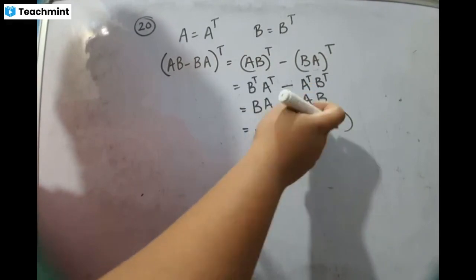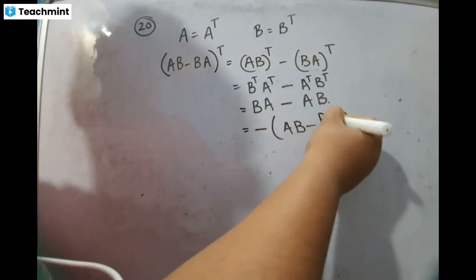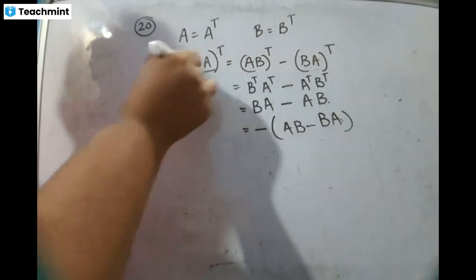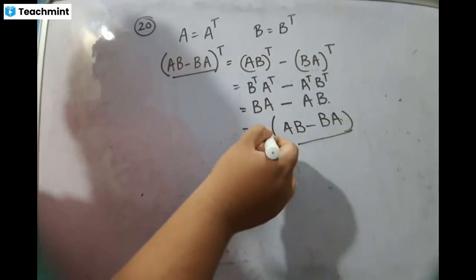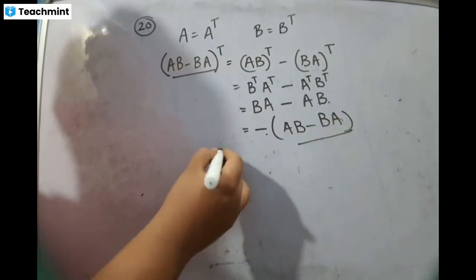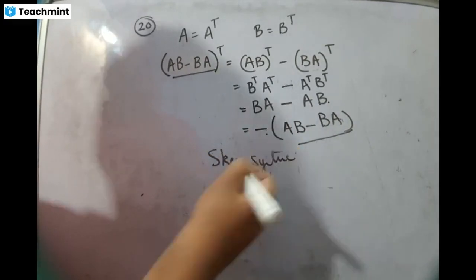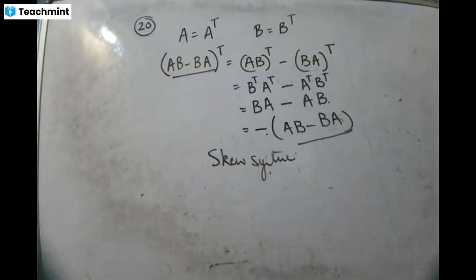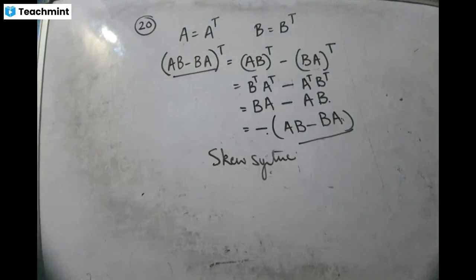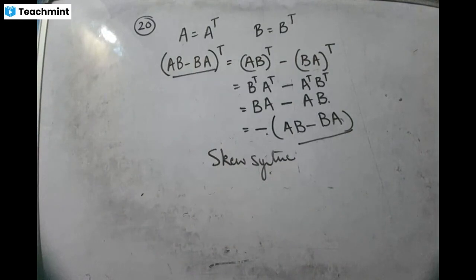If I take minus out, AB becomes positive and BA becomes negative. The matrix is the same, but there's a minus in front. So we say it is a skew symmetric matrix. This is how you check whether a matrix is symmetric or skew symmetric.